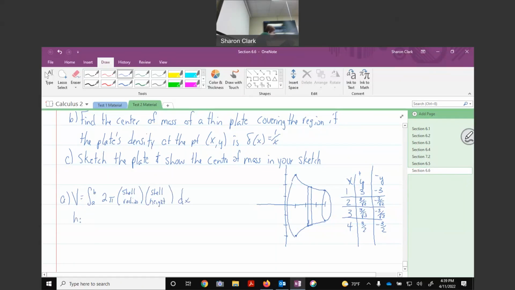So the height is equal to 3 over the square root of x minus negative 3 over the square root of x, which is 6 over the square root of x. So V equals the integral from, no, 1 to 4.